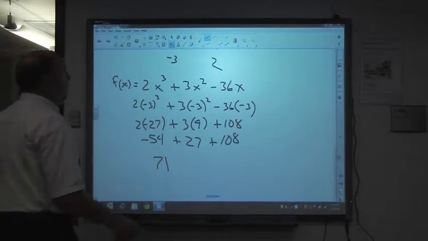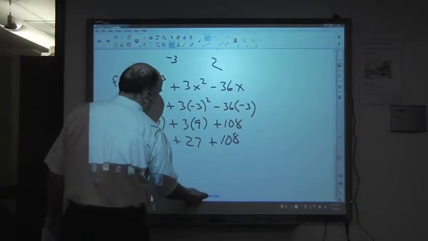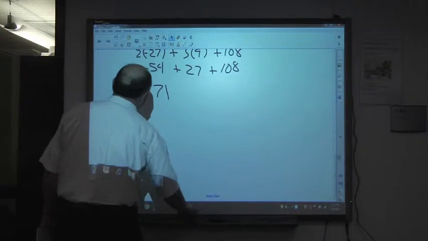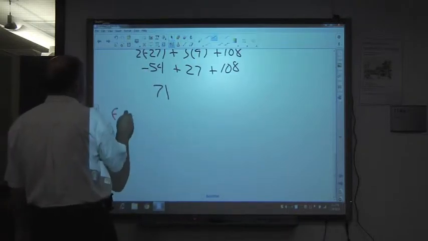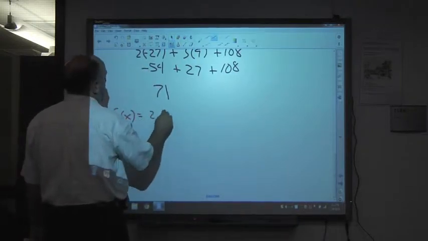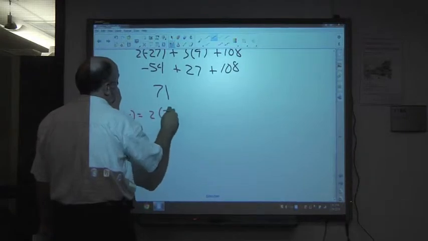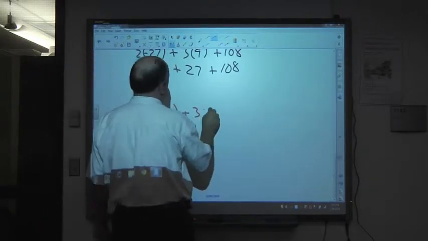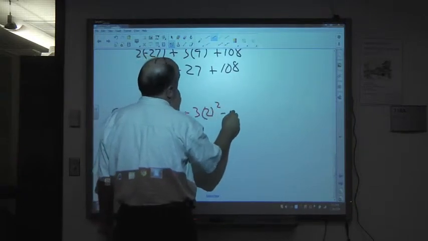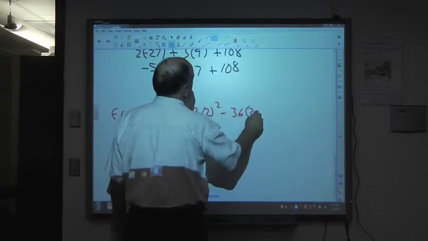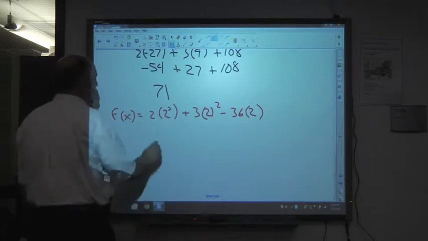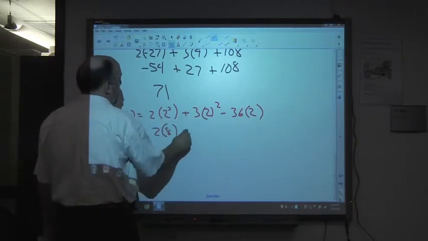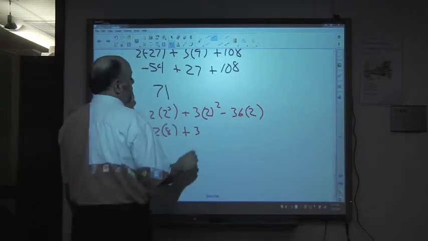We can also do the same thing with our 2. So with the 2, we get that f of x would equal 2 times 2 cubed, plus 3 times 2 squared, minus 36 times 2. 2 cubed is 8, so 2 times 8. 2 squared is 4.